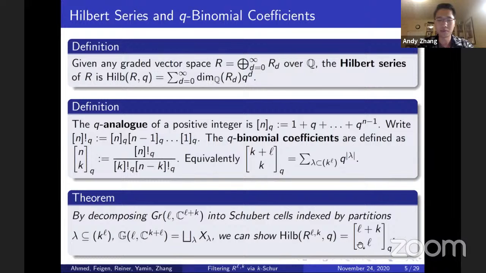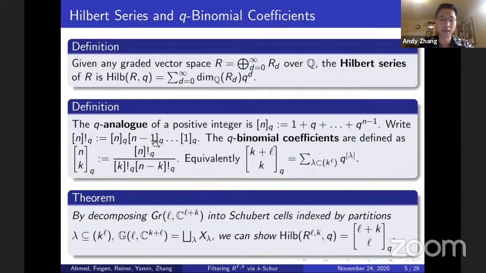Before we state this theorem, let's define what a q analog of a positive integer is. A q analog of a positive integer n is defined to be the polynomial 1 plus q plus dot dot dot plus q to the n minus 1. So if you set q equal to 1, the right-hand side becomes just n, the ordinary positive integer.